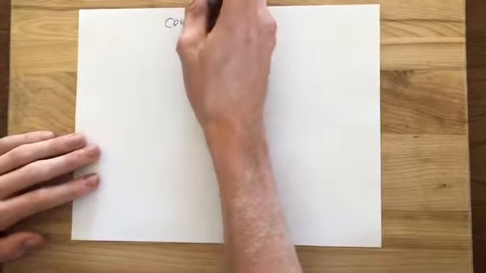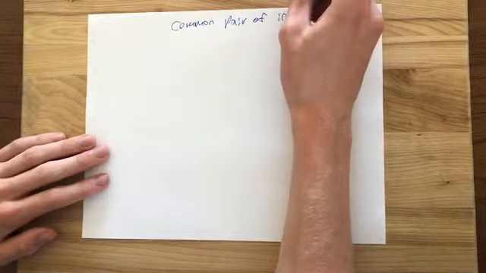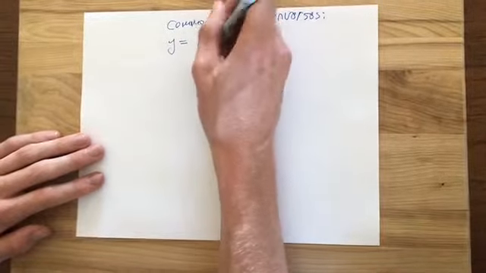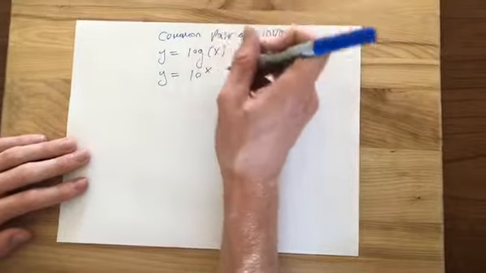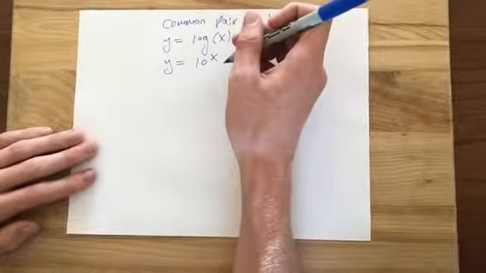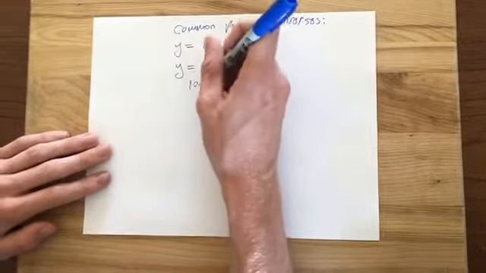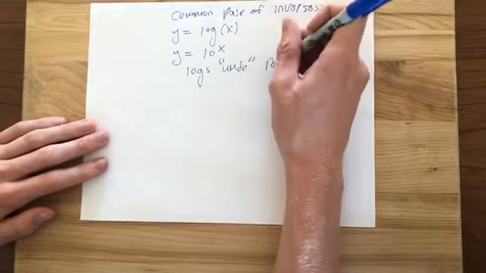So let's look at a specific common pair of inverse functions, just so we have a better understanding of what inverses really are. Say we have y equals log base 10 of x, and y equals 10 to the x. These two functions are inverse functions, because what logs really do is they kind of undo powers.